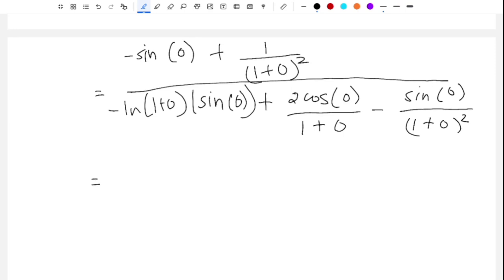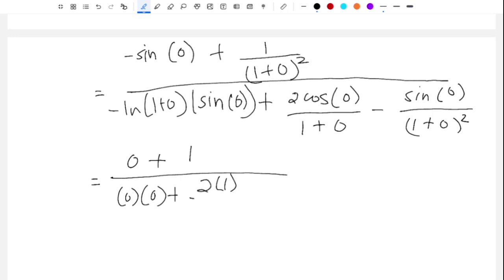Negative sine 0 is 0 plus 1, divided by 1, we will have 1 over, negative ln 1 is 0. Sine 0 is 0 plus 2 cosine 0 is 2, over 1 minus sine 0 is 0 over 1 times 1 is 1.